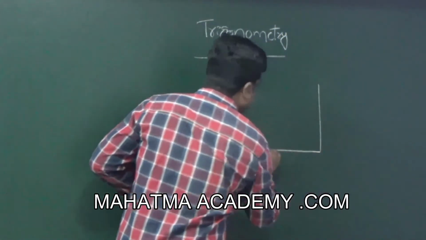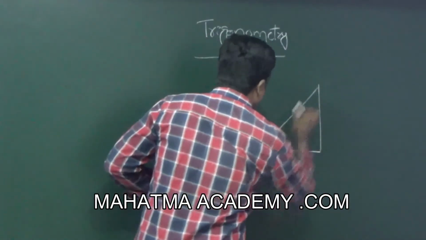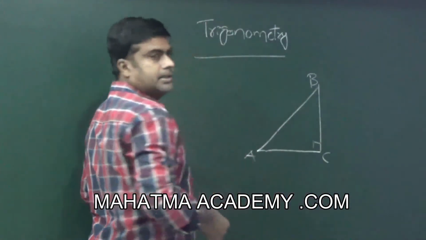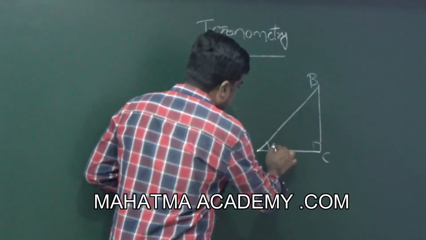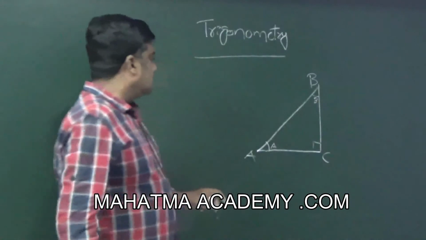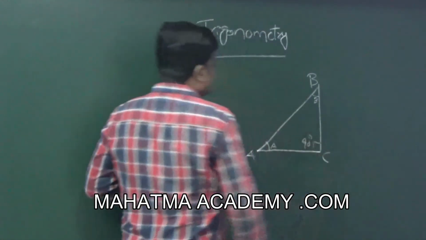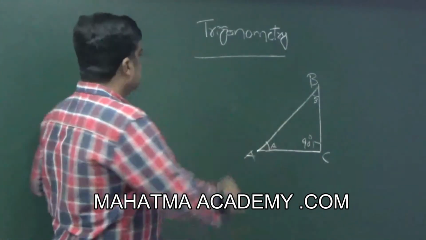This is a right angle triangle A, B, C, this is 90 degrees. Suppose this angle is A, this angle is B. This is right angled. What is the sum of angles A and B?